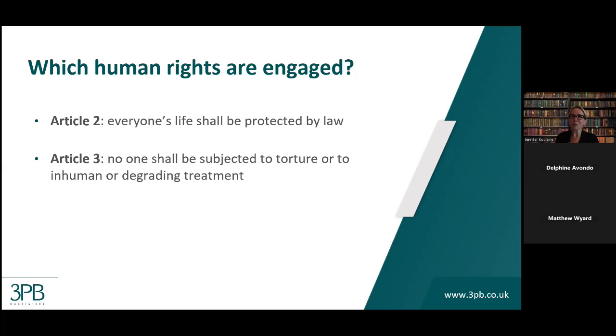And this can happen with children who run away, they go missing, they're groomed into exploitation, either sexual or criminal. And this kind of inhuman and degrading treatment is something the state is required to protect and prevent its citizens, and indeed children, from experiencing.